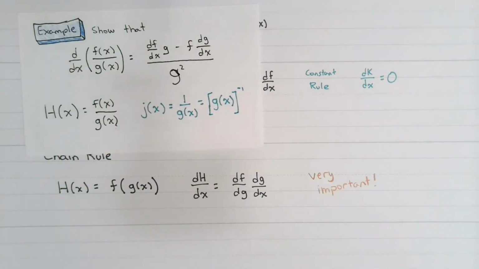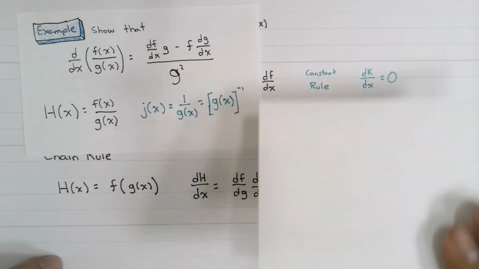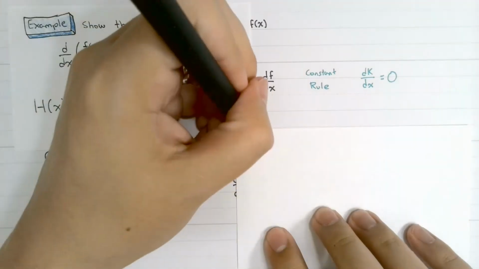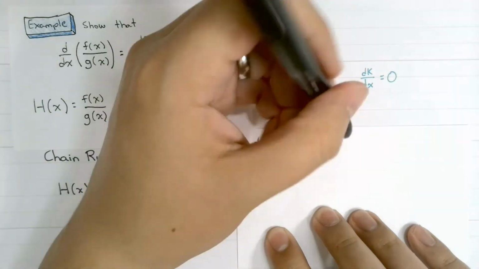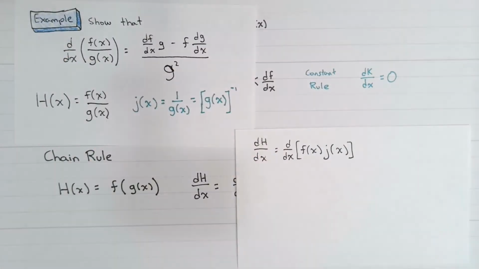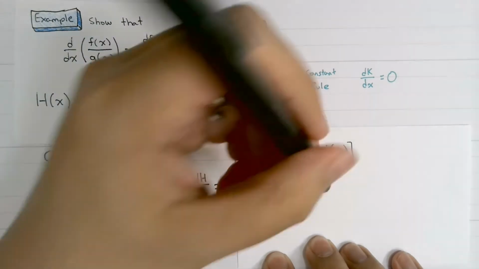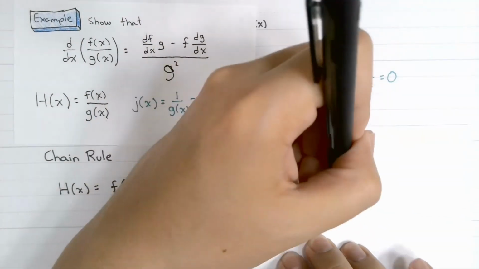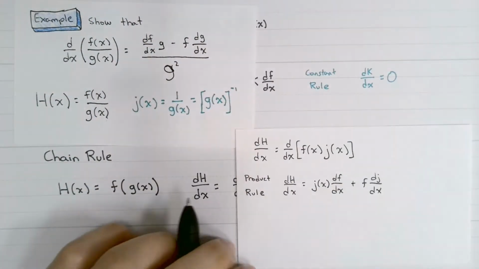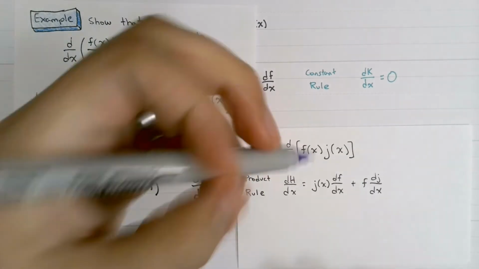We can express dh over dx as the derivative with respect to x of f times j, where j, remember, is just 1 over g. Now the product rule tells us that dh over dx will be equal to j times df dx plus f times dj dx.